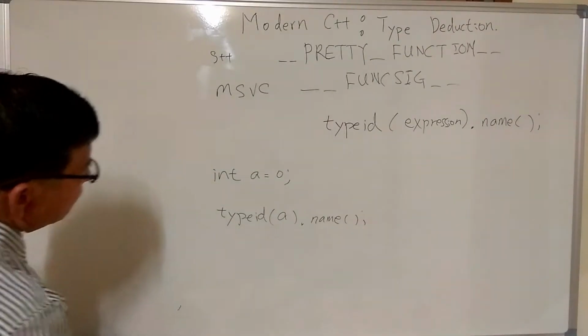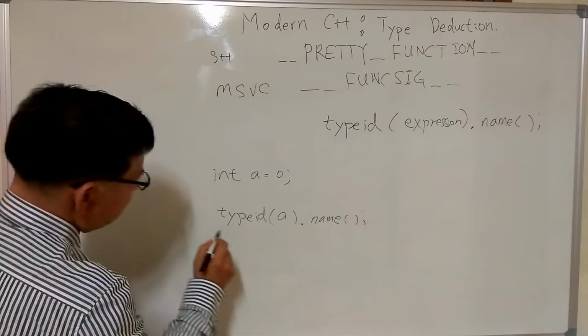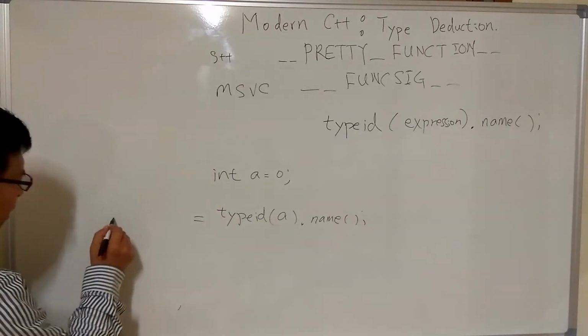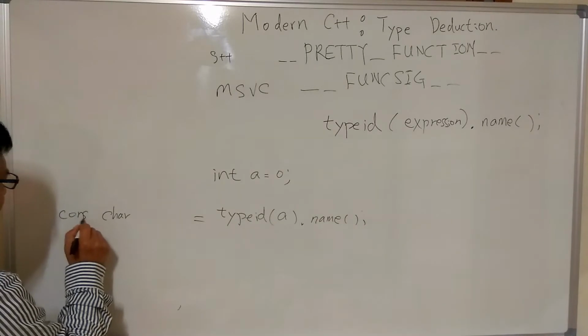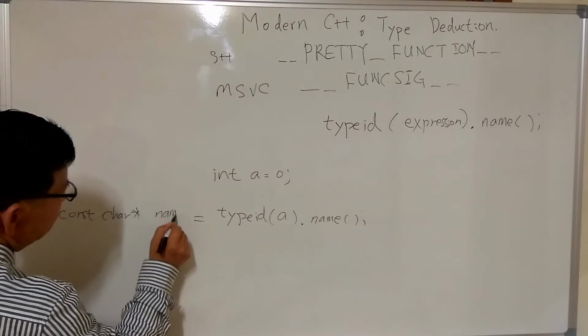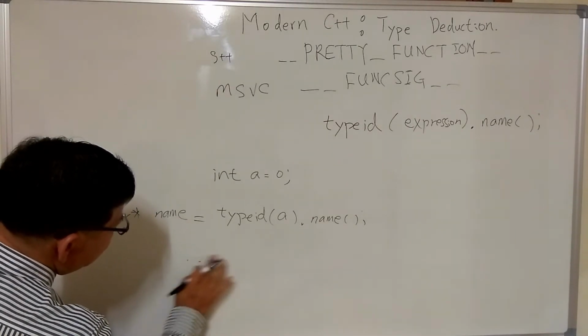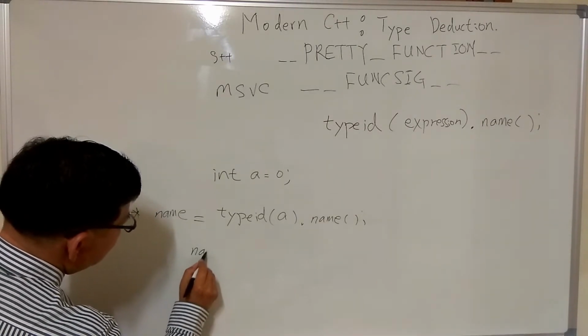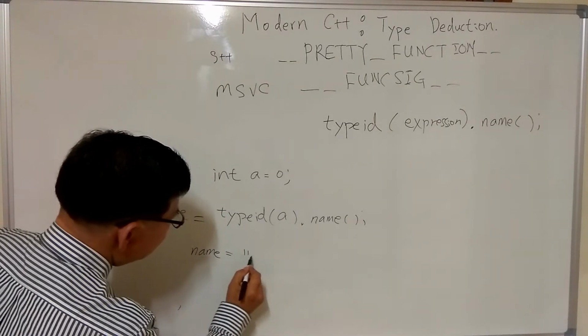This gives us the type name, for example, a const char* whose contents will be int.